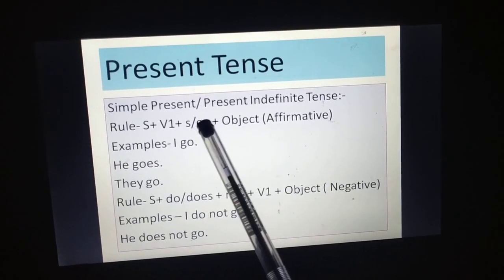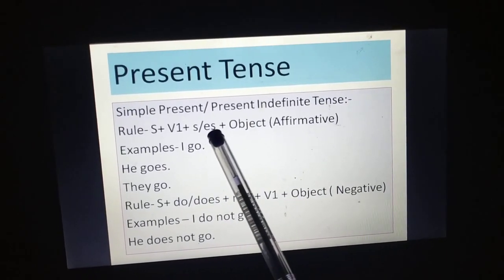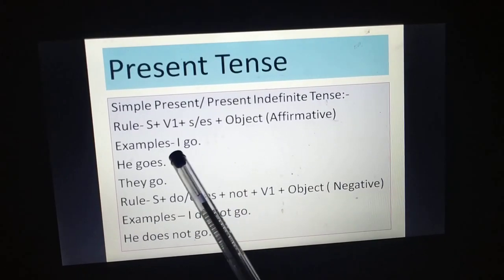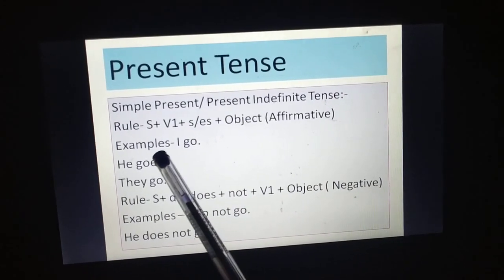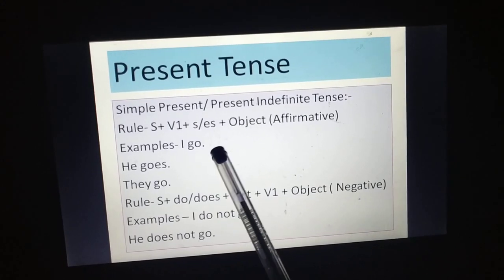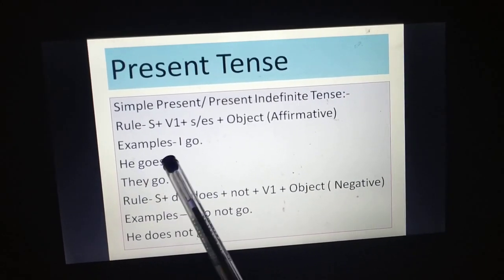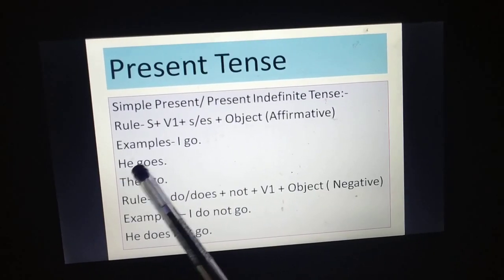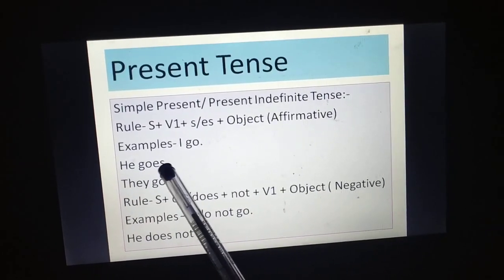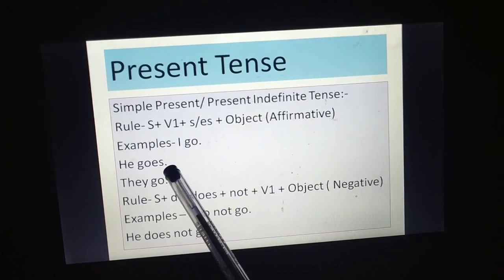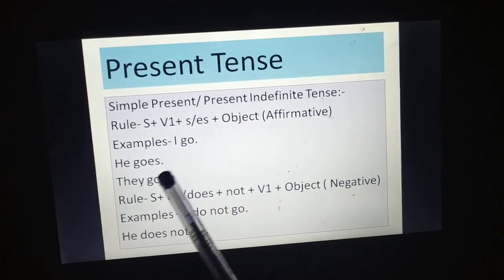S or ES we always add with the singular subjects. Here are the examples like I go. Here no object is there. He goes. Look here, he is a singular subject, so we have used es with go and it has become goes.